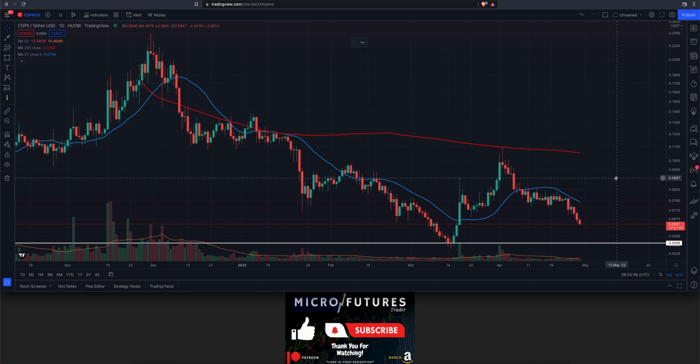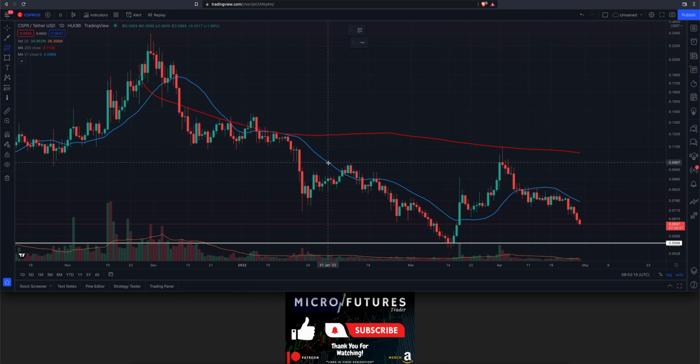So that is one area, I should say. Now let's take the fibs, and we're going to take this move over here. So we're going to take this high and this low, and we'll draw some Fibonacci's on the chart.